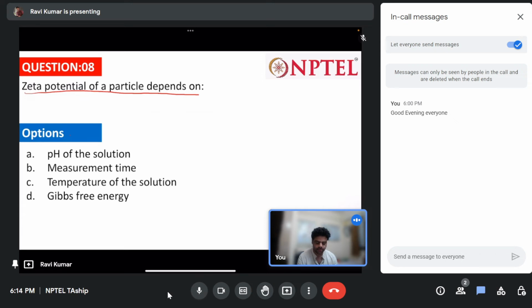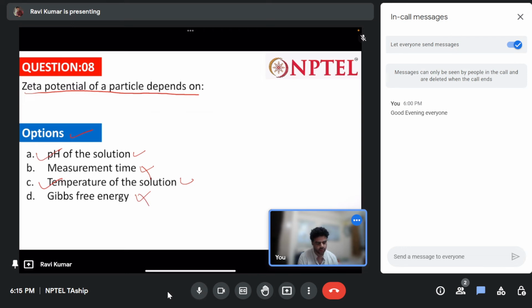Does it depend on pH of solution, measurement time, temperature, or Gibbs free energy? From the last question on zeta potential we have seen it depends on pH, right? Does it depend on measurement time? No, it should not. Does it depend on temperature of solution? Yes. Does it depend on Gibbs free energy?